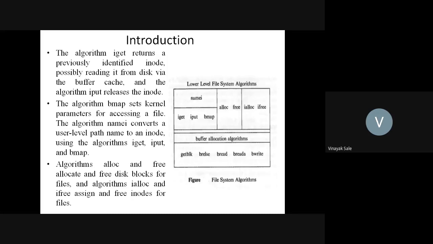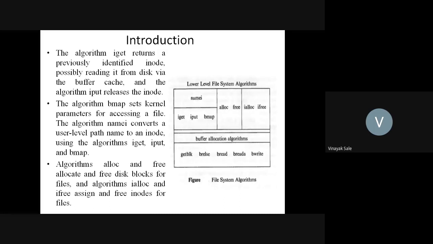The algorithm namei is the combination of these three algorithms: IGET, IPUT, and bmap. Using these three algorithms, namei converts a user level path name to an inode.